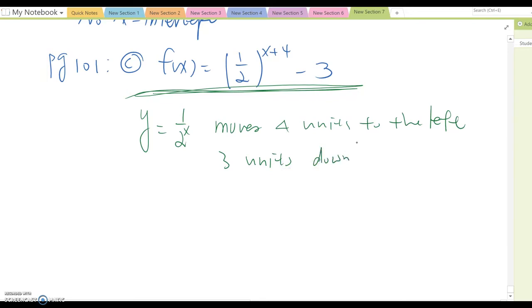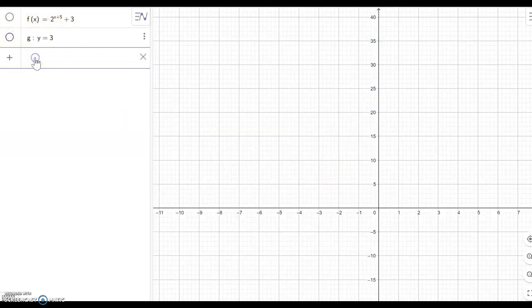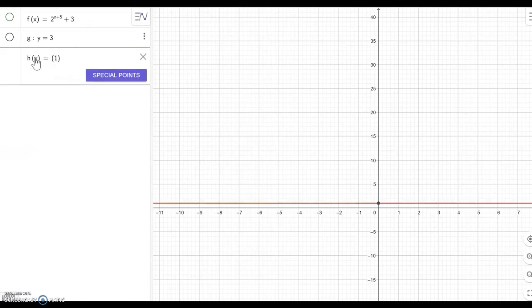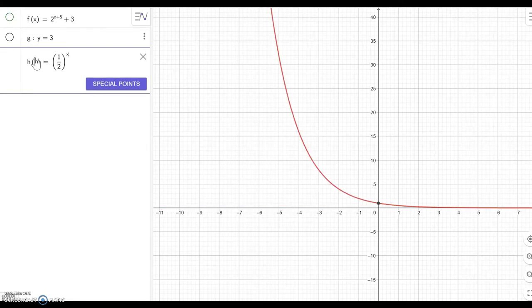Okay, so let's look at the graph of this one here. So y = (1/2)^x power. So that's our original function.